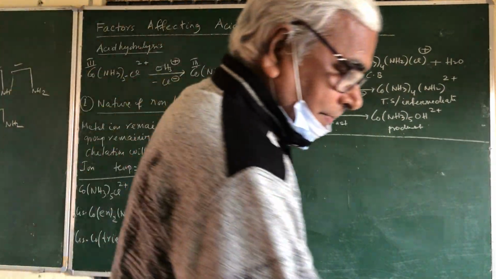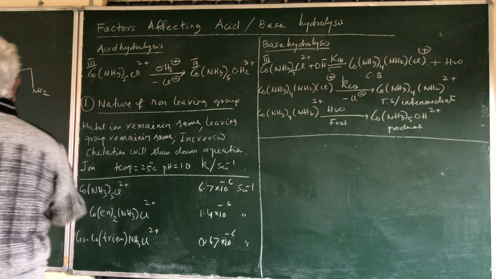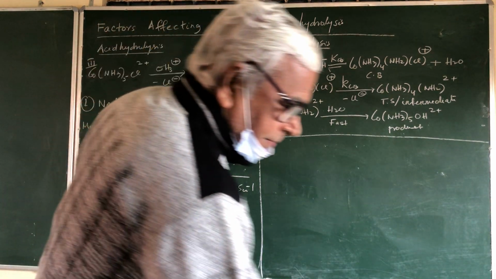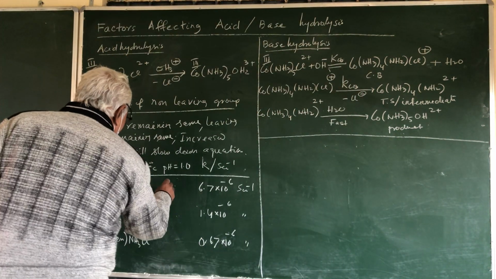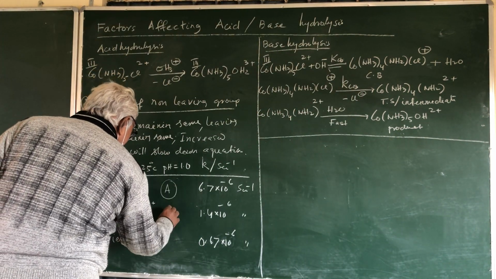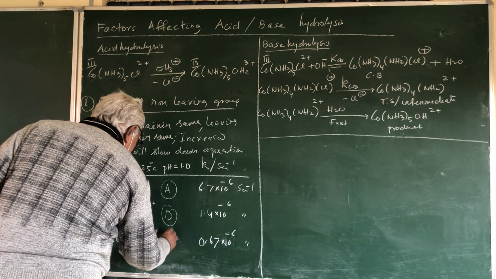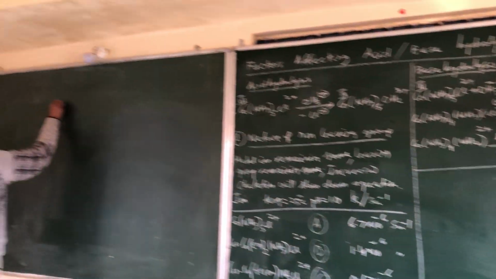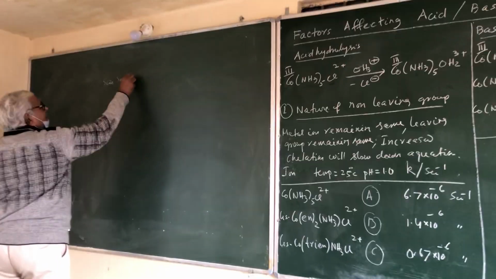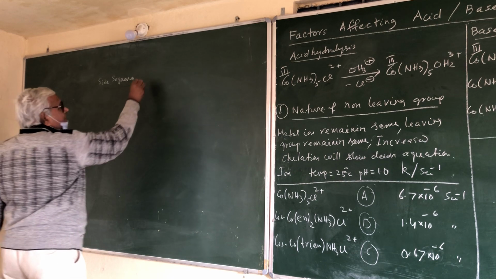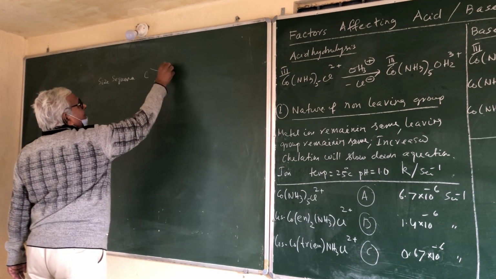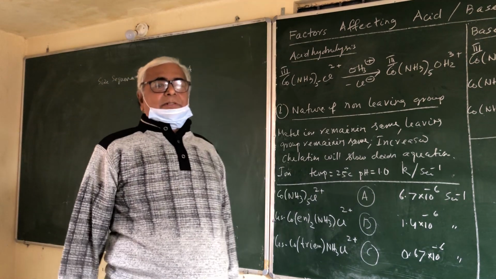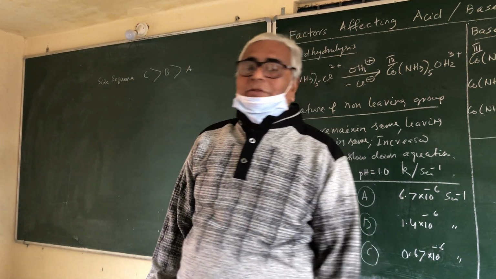So let us label this as complex A, complex B, complex C. Size sequence, C will be greater than B will be greater than A. So according to the Born equation, smaller is the size, higher will be solvation.